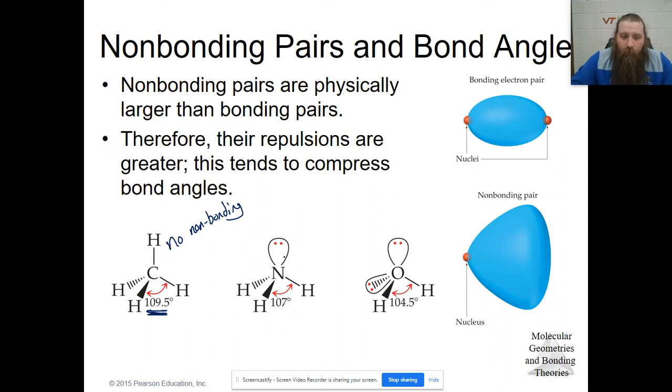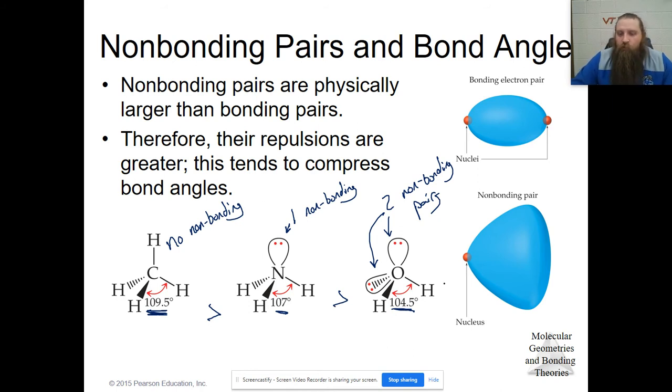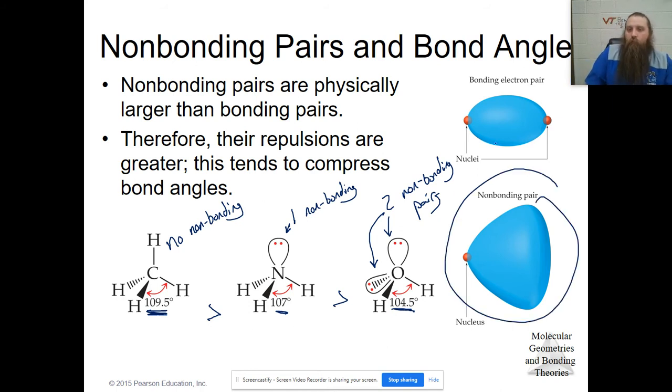Then if I look at ammonia, which has 1 non-bonding pair, it's smaller than 109.5. And over here, I have 2 non-bonding pairs. And so obviously 104.5 is less than 107, right? So non-bonding pairs take up more space than bonding pairs.